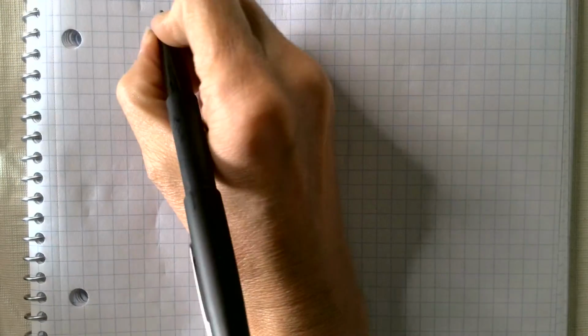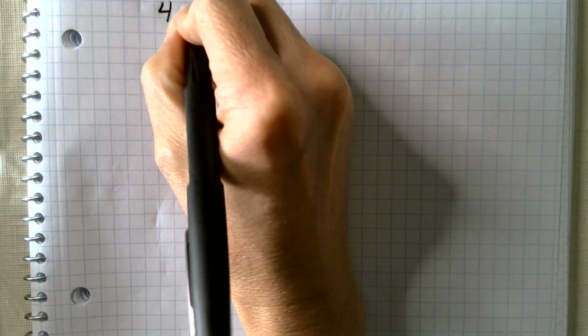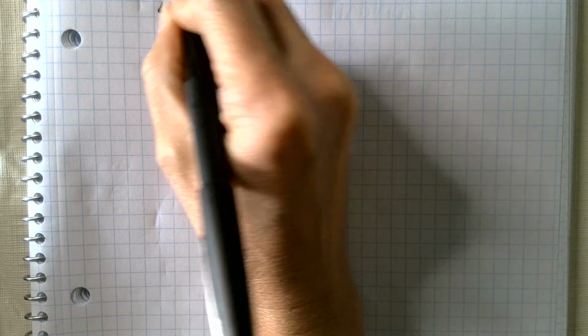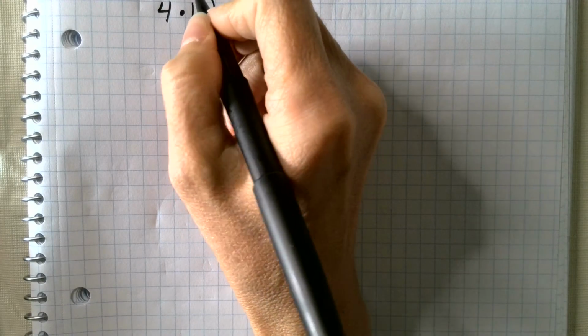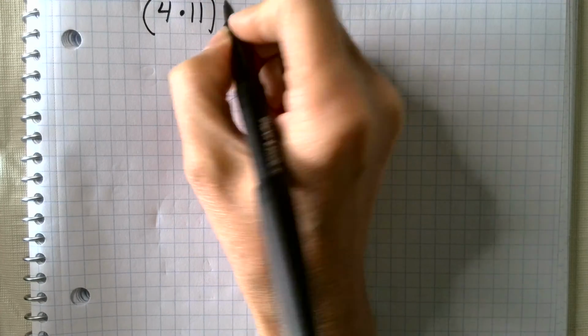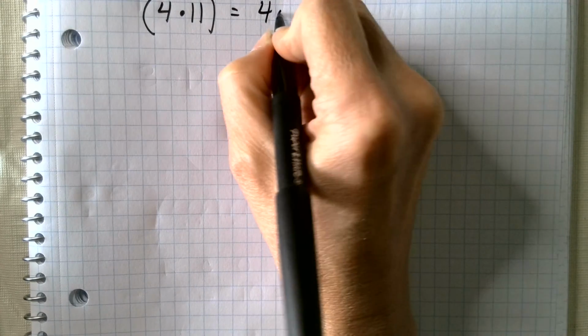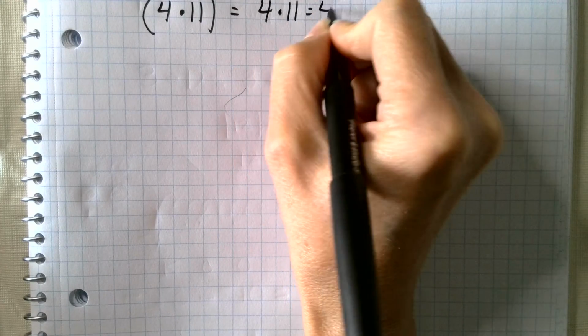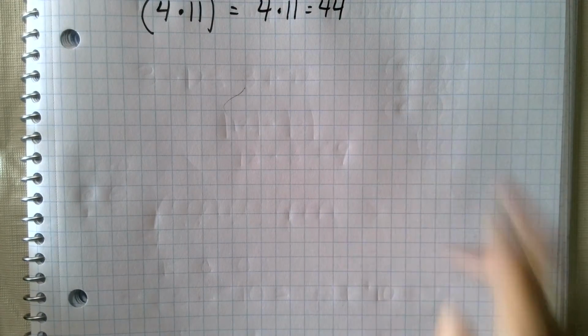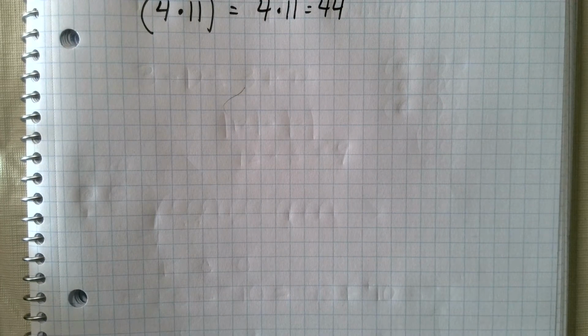How about 4 times 11? We'll say they're both in parentheses here. So that's the same as 4 times 11, which gives us 44. So this is what we're used to, regular multiplication.